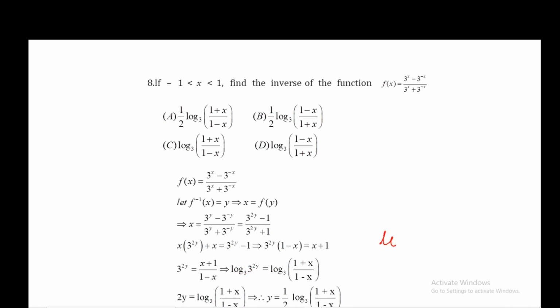Here I'm using the formula log of m power n, that is n log m. Based on this formula I'm writing 2y is equal to log base 3 of 1 plus x divided by 1 minus x. Therefore, the answer is y equal to 1 by 2 into log base 3 of 1 plus x divided by 1 minus x.